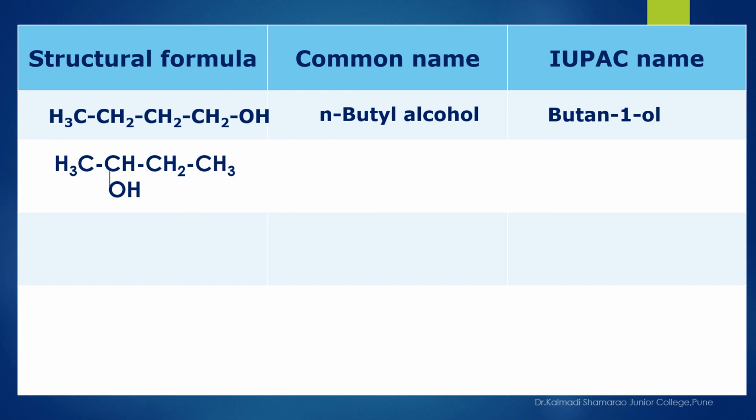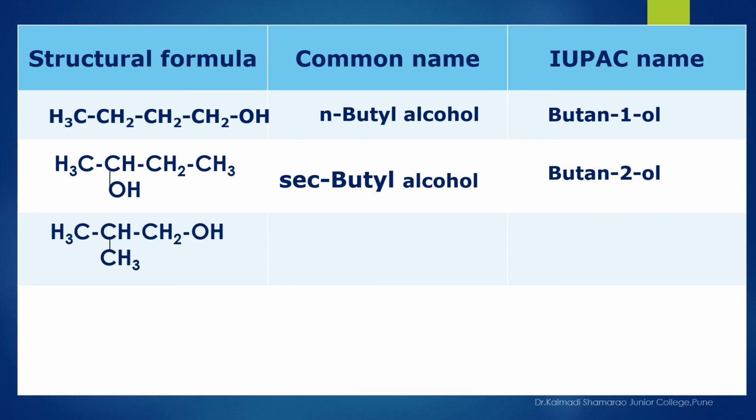Another compound in this 4 carbon chain, but the hydroxyl group is attached to the second carbon of the straight chain. This is secondary butyl alcohol, butan-2-ol. CH3CHCH3CH2OH.